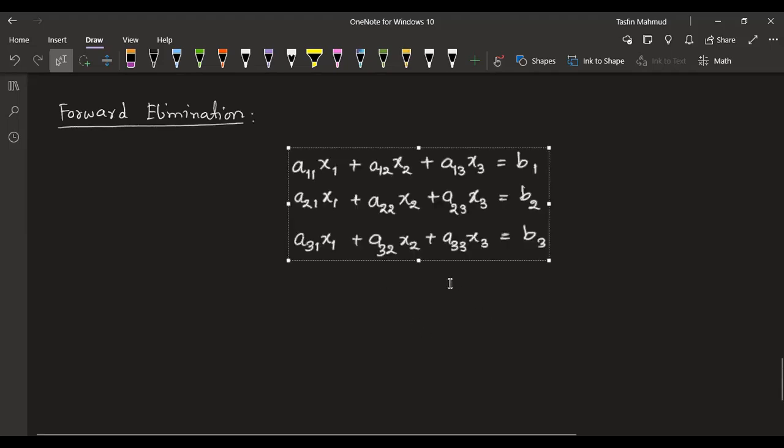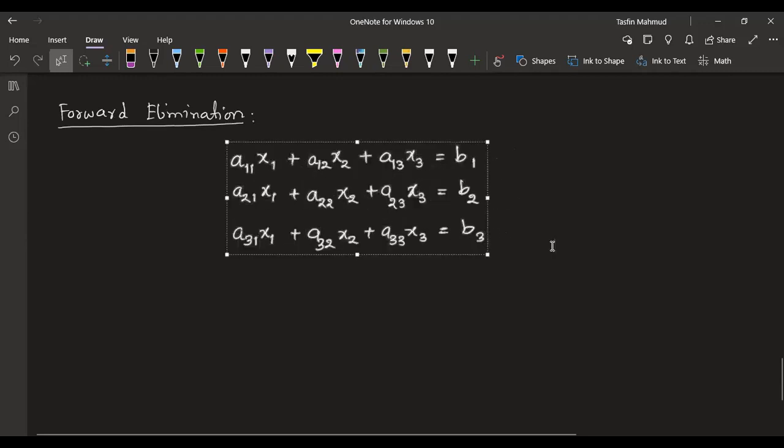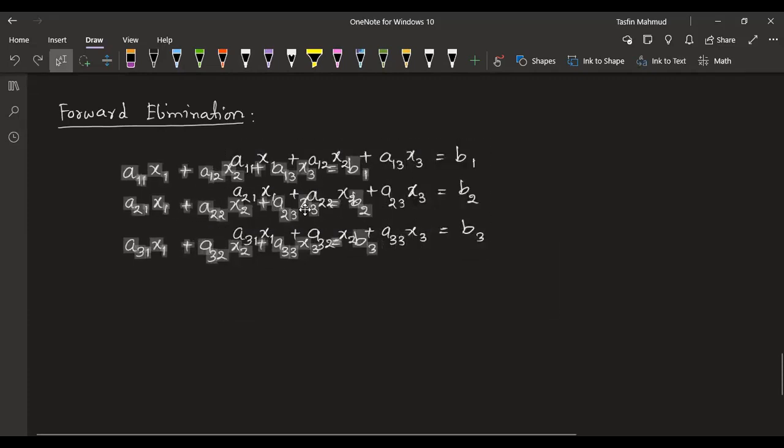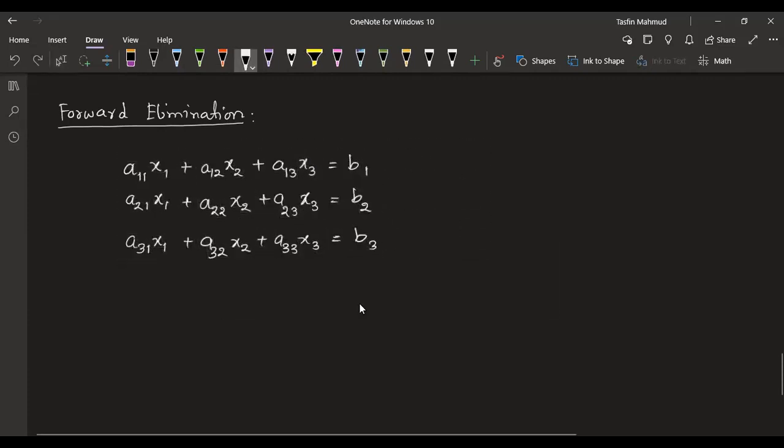The first equation will be considered the pivot equation. Let's give numbers to the equations. So this is equation number one.